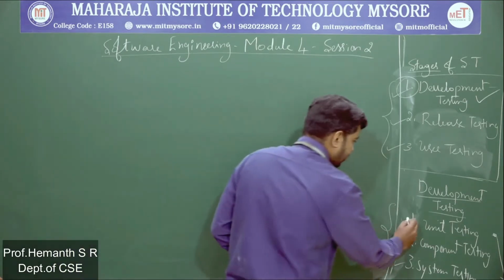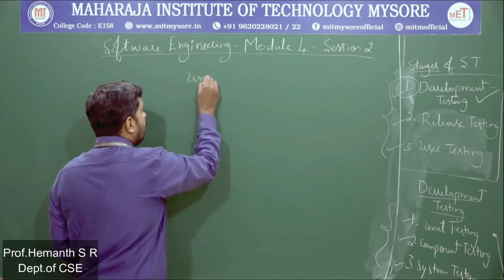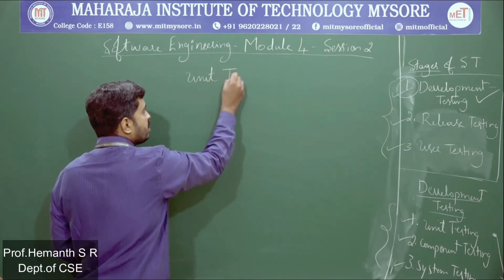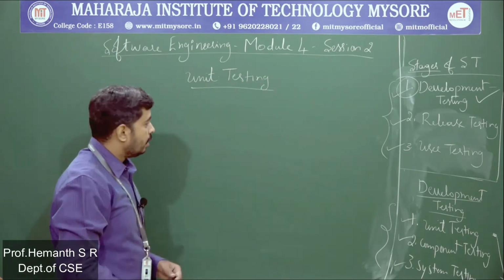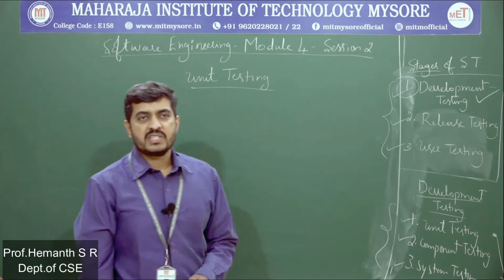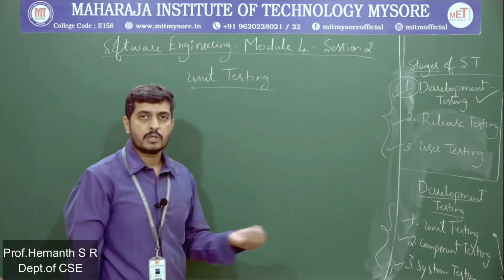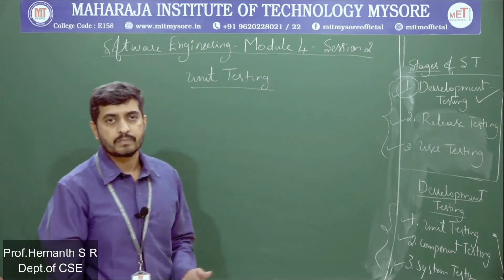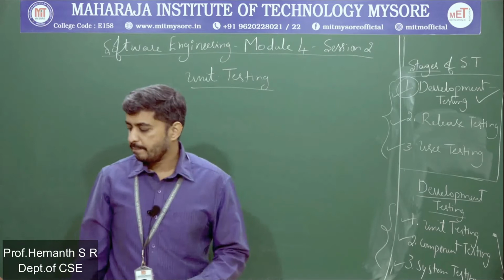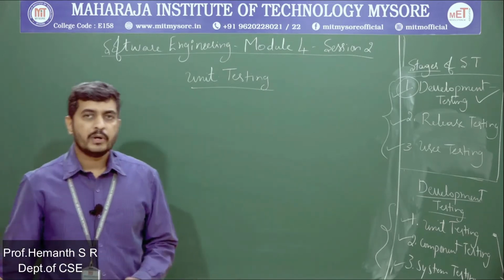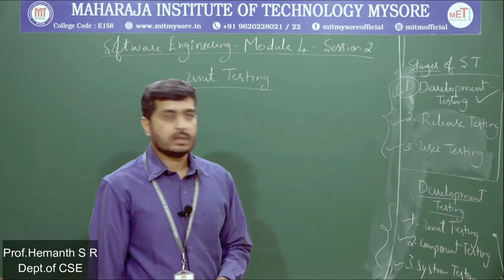We will take up the very first one, unit testing, and see what it is and a few aspects of it. Unit testing was briefed in the previous session. Unit testing is testing the smallest component, the smallest unit in a software product. The point here is, who will be doing the unit testing? That we also explored.